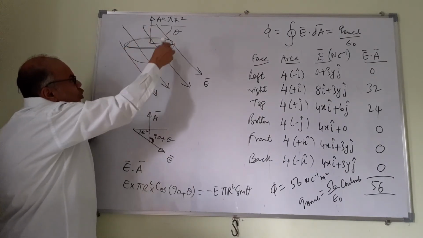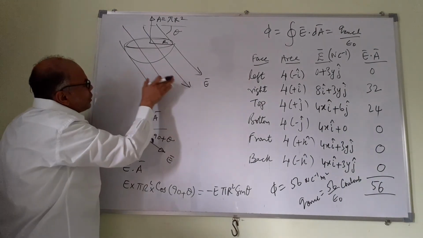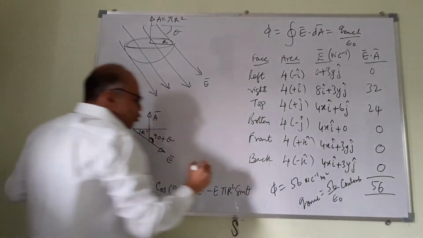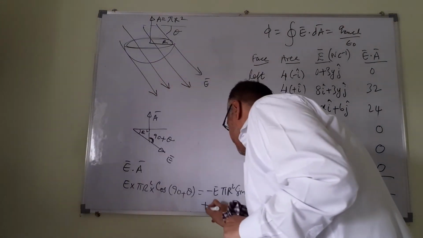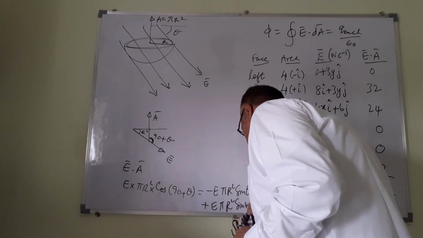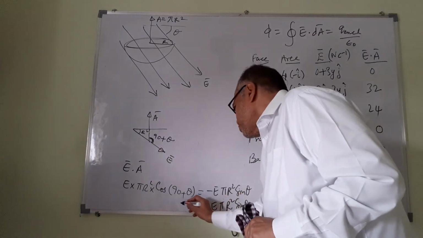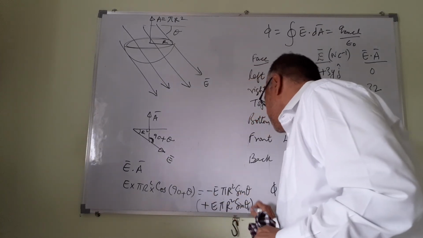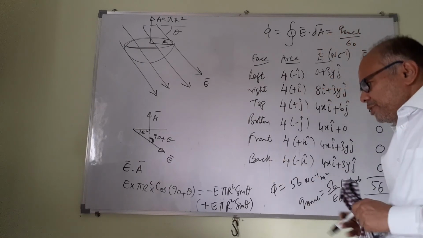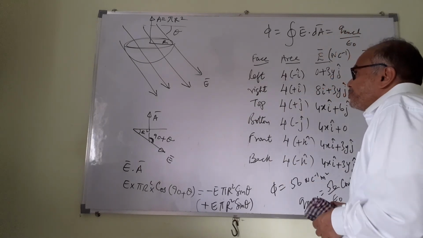You take this closed volume, it is inward. So the flux coming out of the hemispherical portion would be plus E pi r squared into sine theta. That would be the answer. We just change the sign because the net flux is 0.